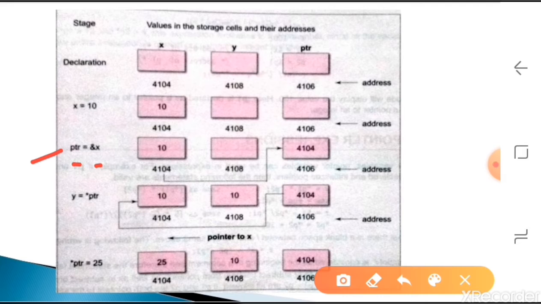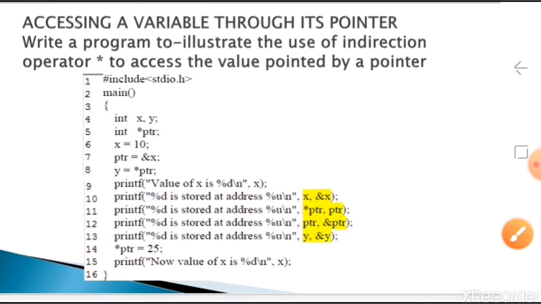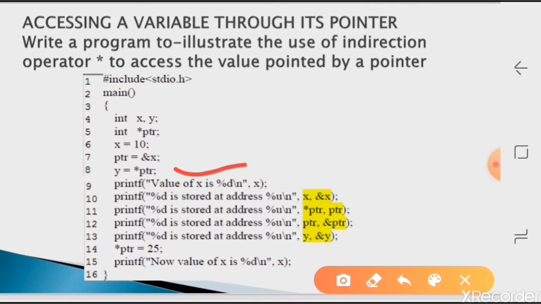Here, the address of x is 4104. So this value I have to keep in ptr, so we are assigning the value 4104 to ptr.